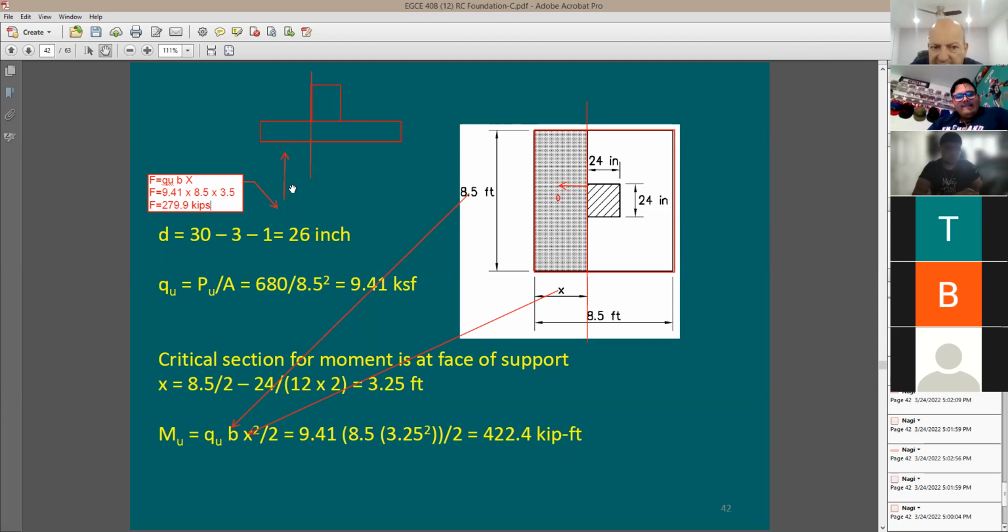You have here 279.9. Now, the distance from this point load to the critical section is how much? Say this distance here is 3¼. Therefore, this distance from here to there, this moment arm, is going to be equal to 3¼ divided by 2, which is 1.75 feet, right?